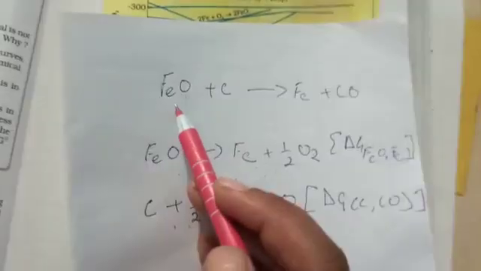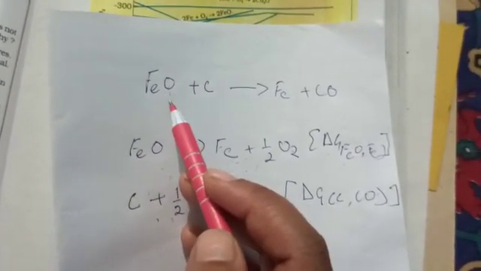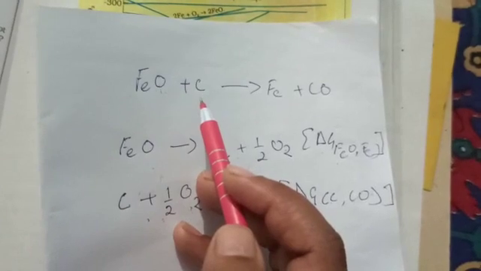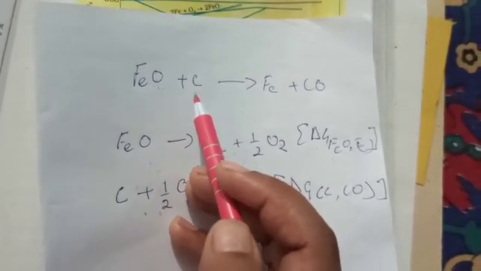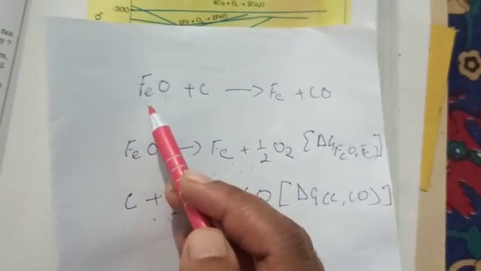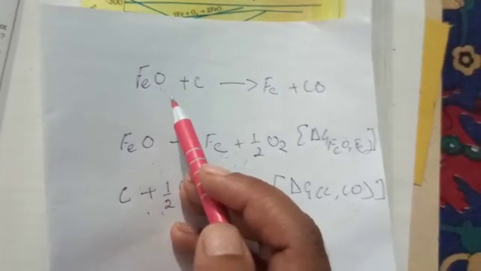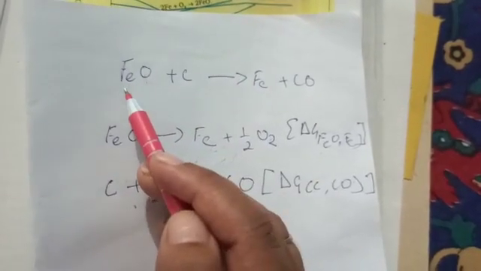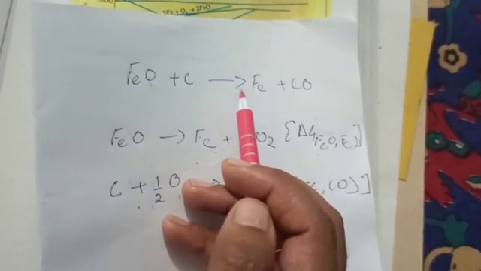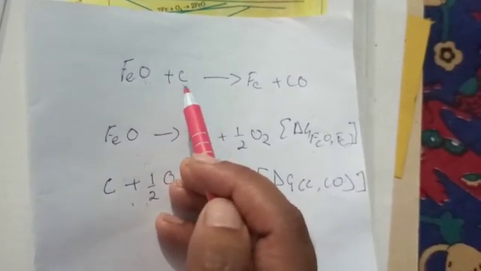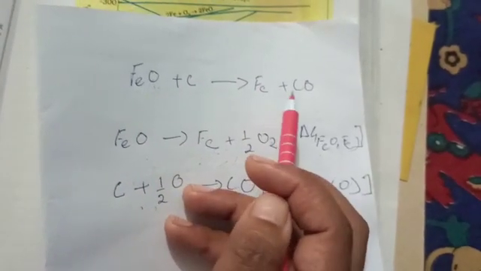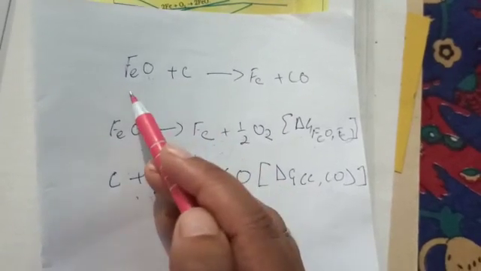In this reaction, iron oxide is getting reacted with carbon. It means you can see that carbon is reducing FeO and forming iron, that is iron oxide is being reduced to iron, and carbon is being oxidized to carbon monoxide. So basically carbon is reducing iron oxide.